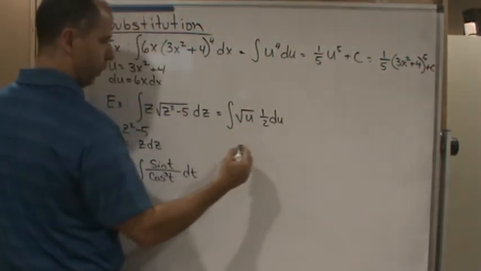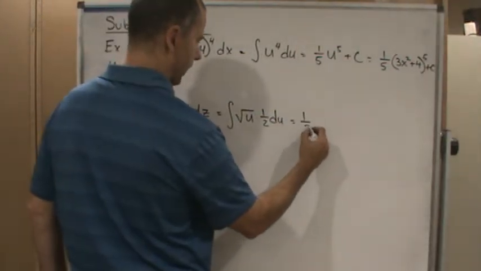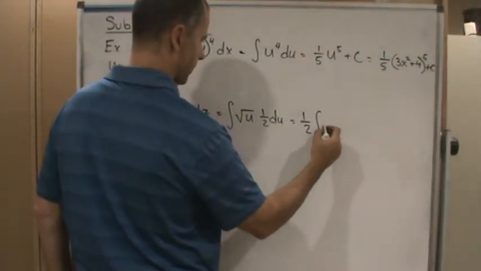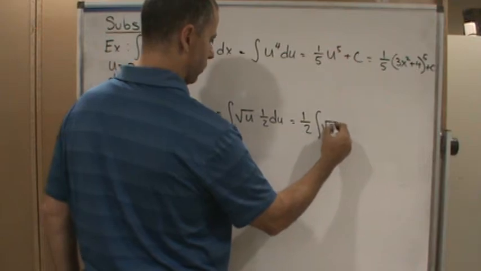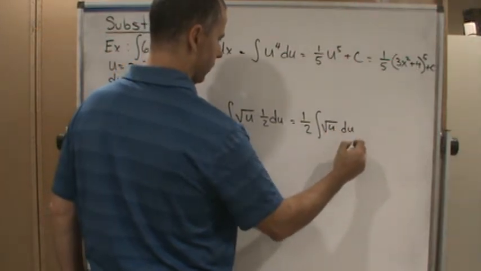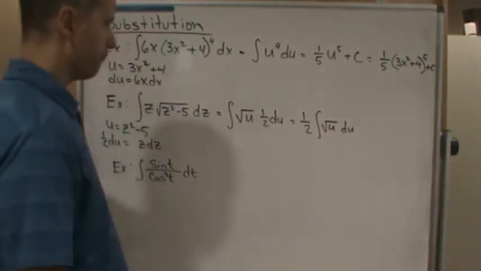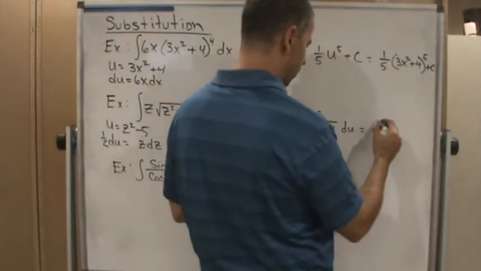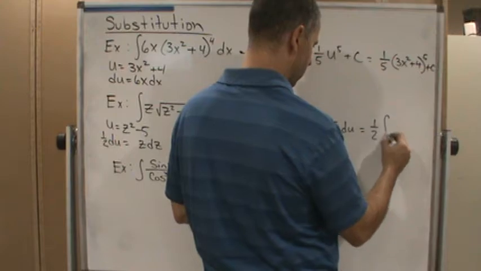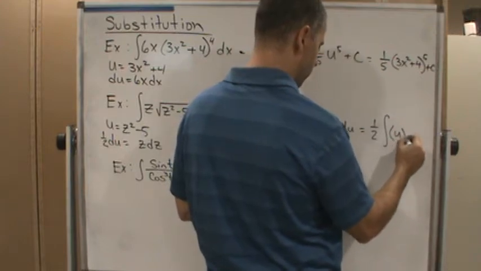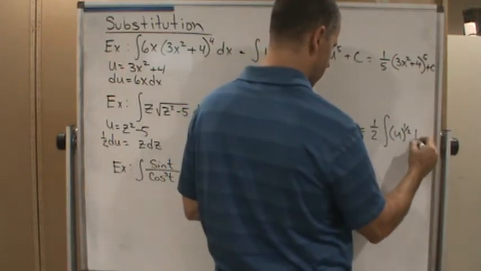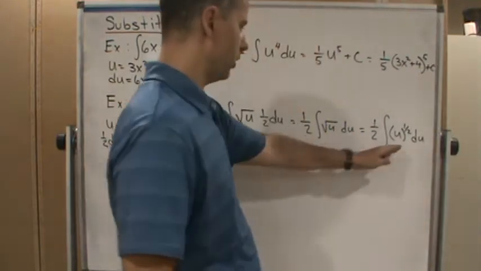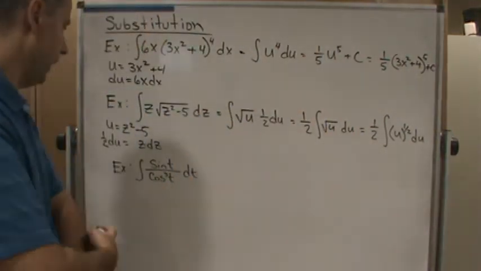Well, I'm going to pull the 1/2 out, and this becomes 1/2 times the integral of the square root of u du. Now, this I'm going to write as a power, so it's 1/2 times the integral of u to the 1/2 du. Now I'm just going to use the power rule for integrals, and what do I get?